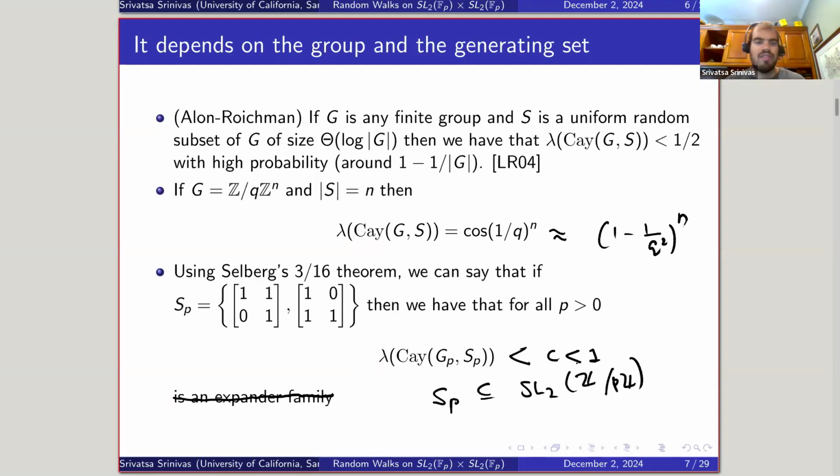Okay, so how do we use Selberg's 3/16 theorem to get this result? It's in a blog of Terence Tao, but basically you suppose the opposite, and then you get a contradiction to the spectral gap of the Laplacian being bounded below by 3/16.